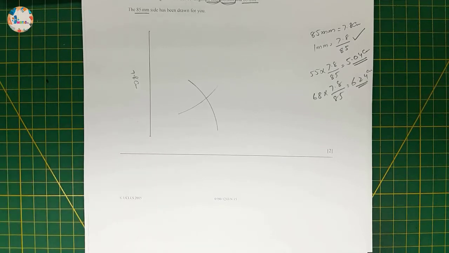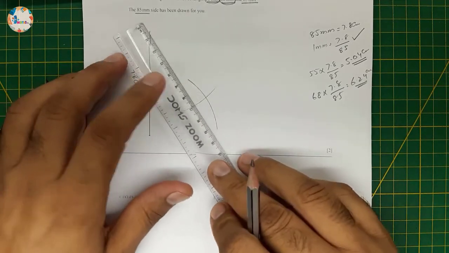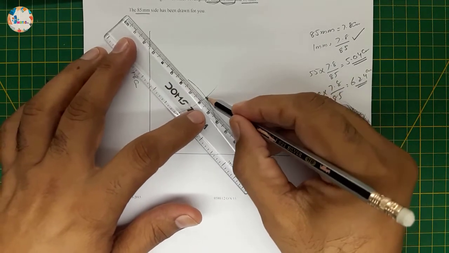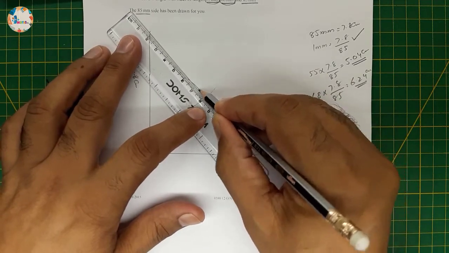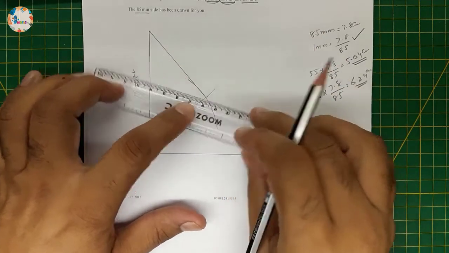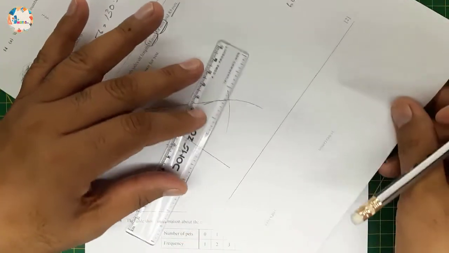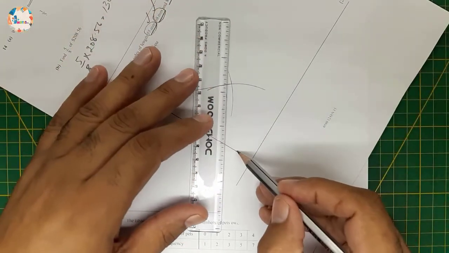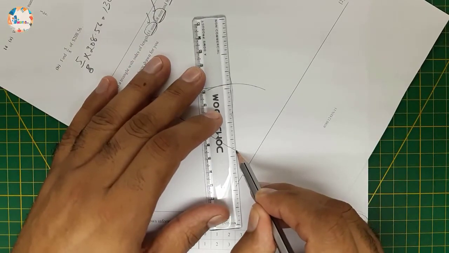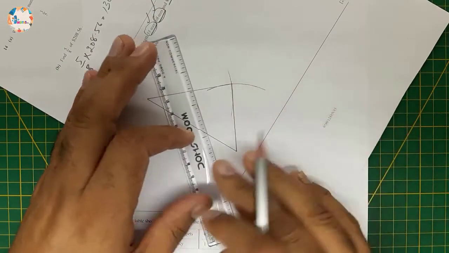Now we have to just join these arcs, by joining this side and this side also, and we can rotate the page according to our convenience. So this will be the second line.